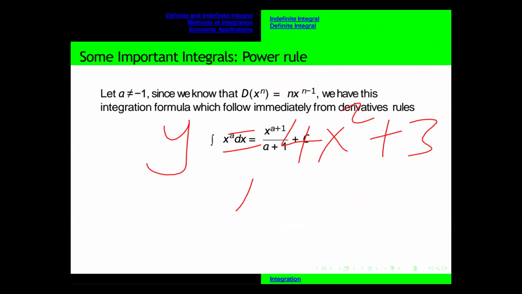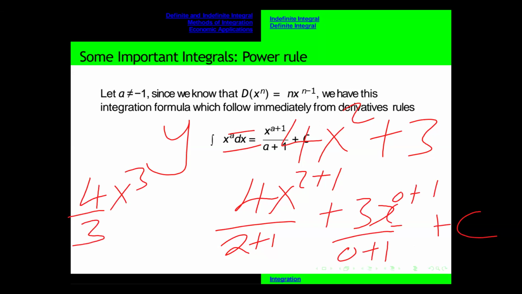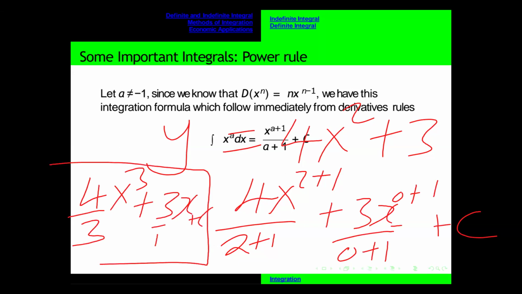So I was saying this one, you do the same stuff. You say 4x to the power 2 plus 1 divided by 2 plus 1, plus 3x. We know that this is 3x to the power 0 plus 1 over 0 plus 1, plus c, the constant. So that it can give you 4x to the power 3 divided by 3 plus 3x, divided by 1 plus c, the constant, right?